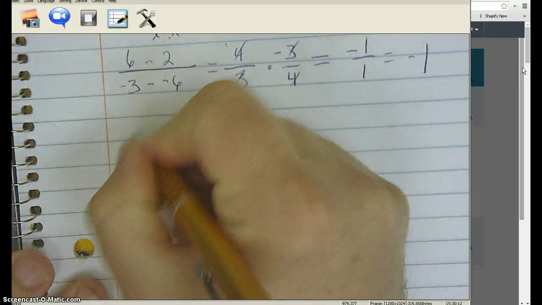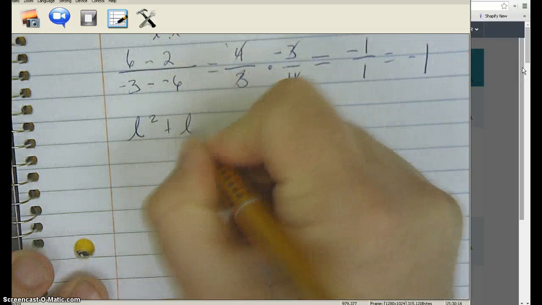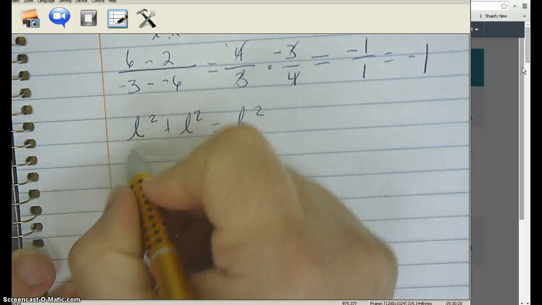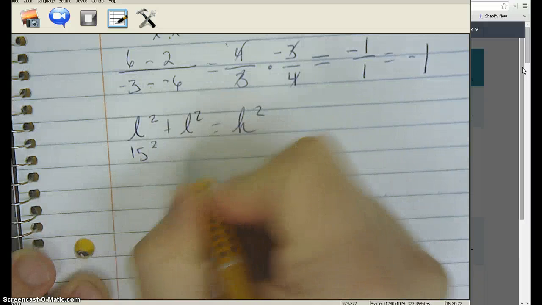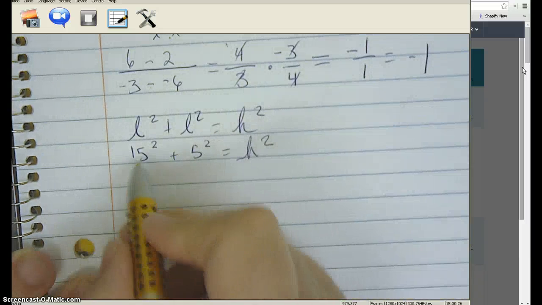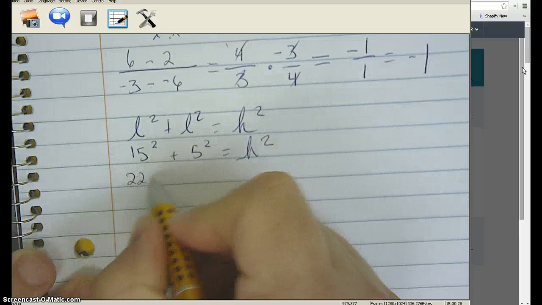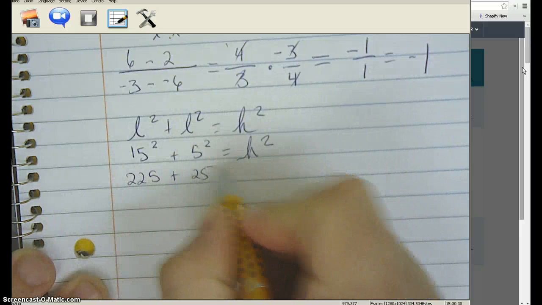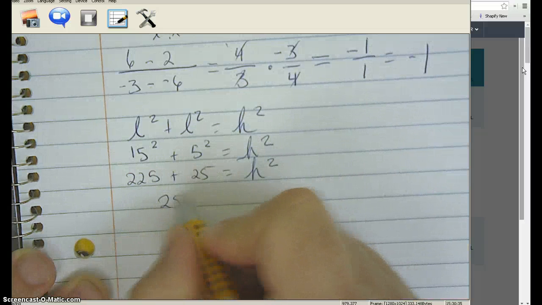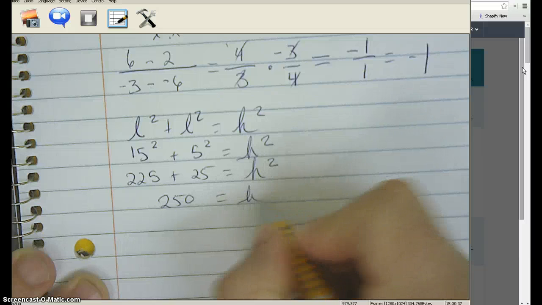So again, leg squared plus leg squared equals the hypotenuse squared. In this case, our legs are 15 squared plus 5 squared equals the hypotenuse squared. Well, I happen to know that's 225 plus 25 equals the hypotenuse squared. So that's 250 equals the hypotenuse squared.